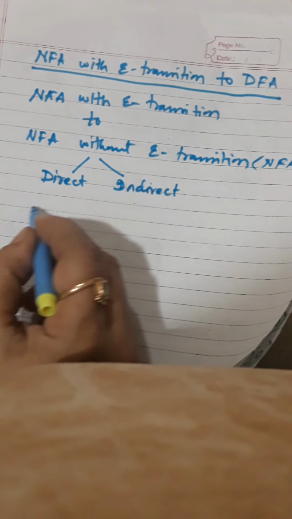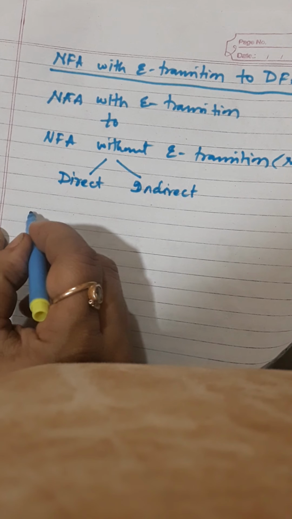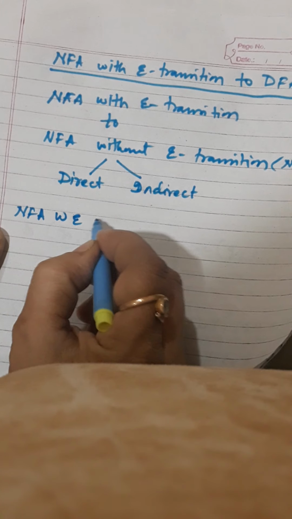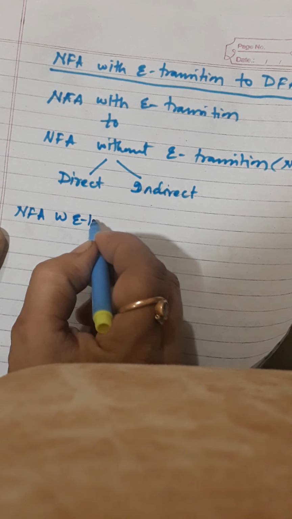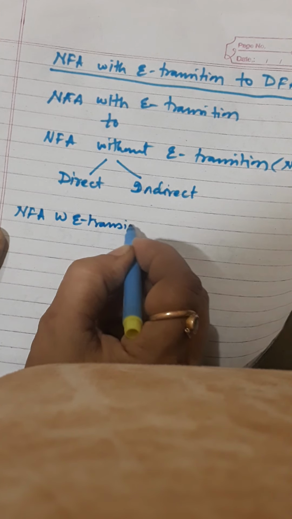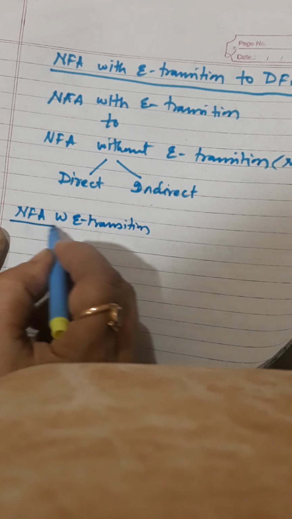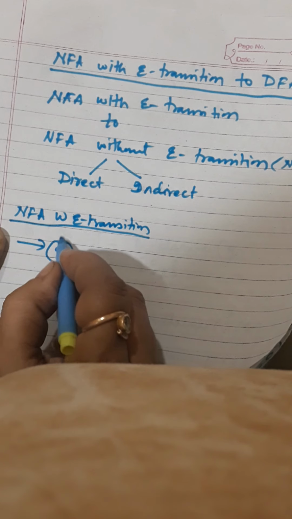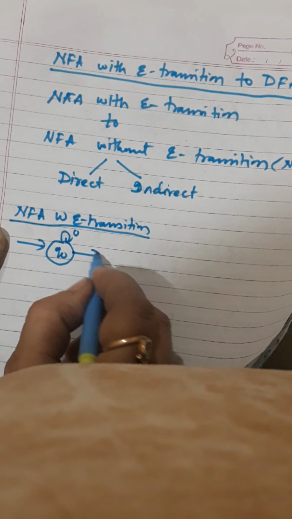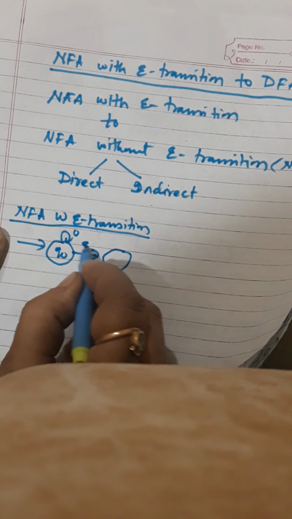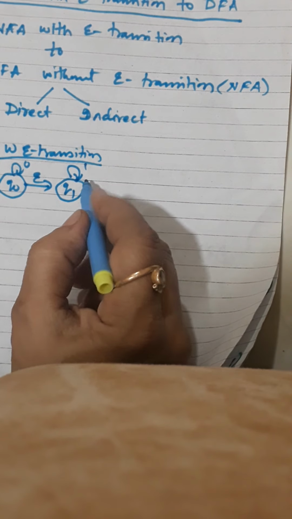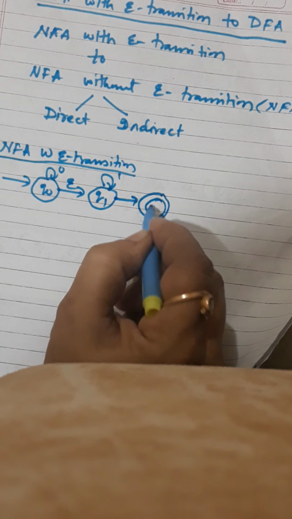In the last example, our NFA with epsilon transition was Q0 with epsilon to Q1, Q1 with epsilon to Q2, and Q2 is the final state.